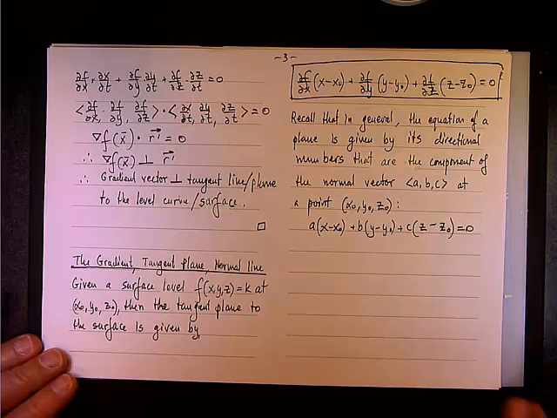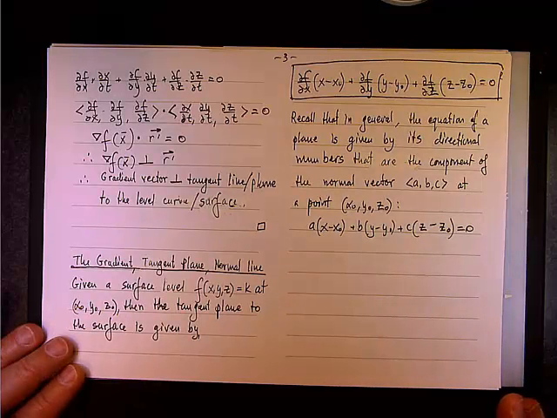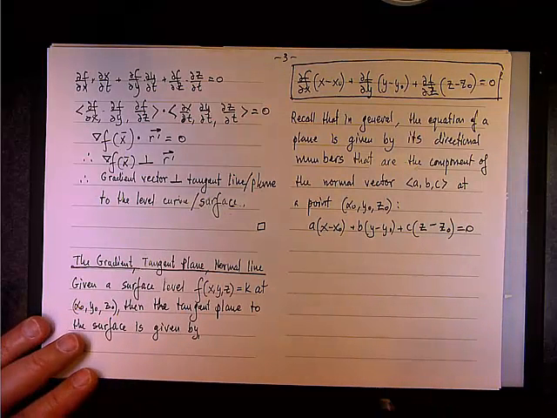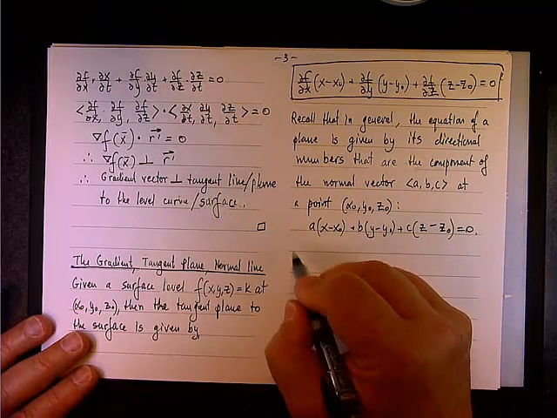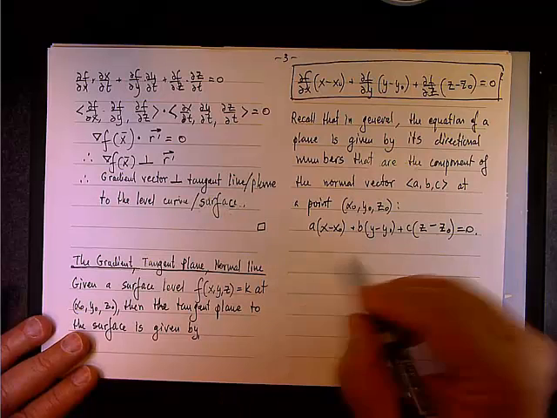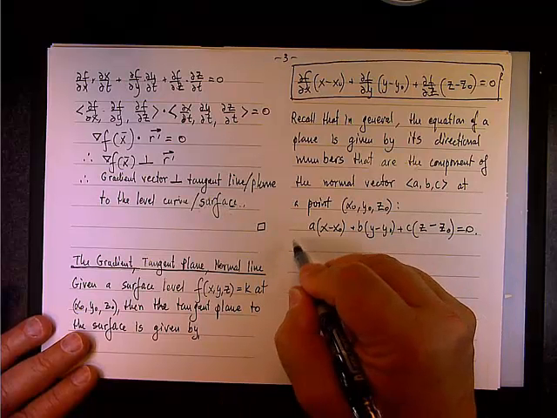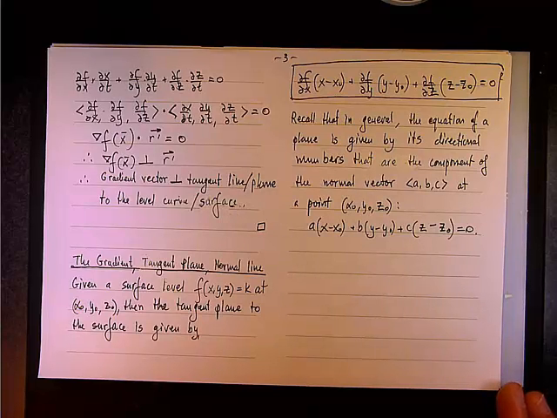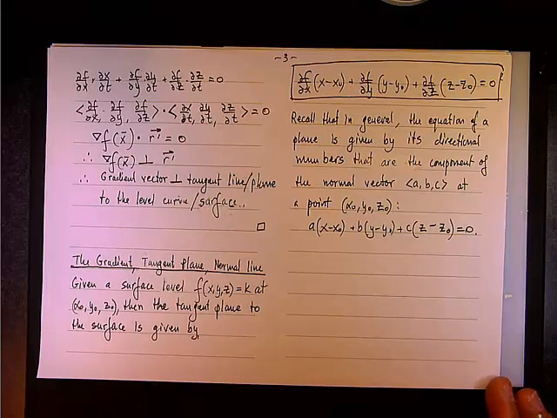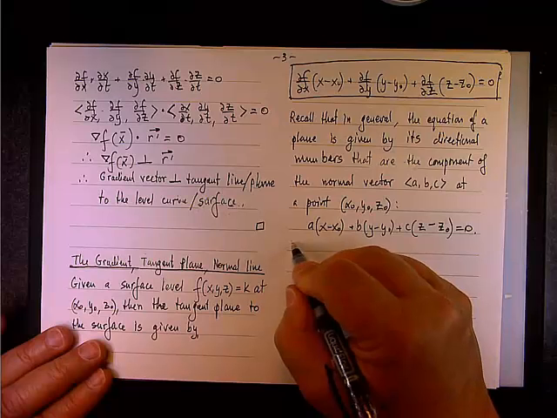Okay, so you can see that in this case the A, B, C, the direction numbers of this plane, are substituted by the components of the gradient vector. So what it does, it's easier to come up with the equation of a tangent plane than before. Before we were looking for a normal vector and all of that.